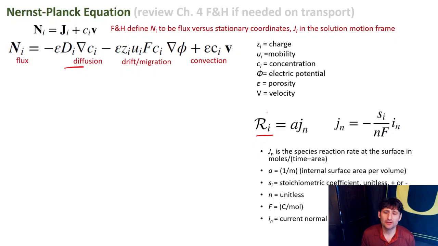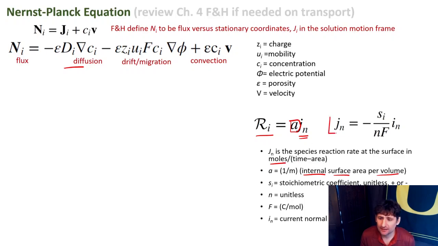So we're going to have to define another parameter, and that's the reaction rate of a given species. And that's going to depend on the A parameter, which is the internal surface area per volume, and the rate of the reaction at the surface in moles per time per unit area.